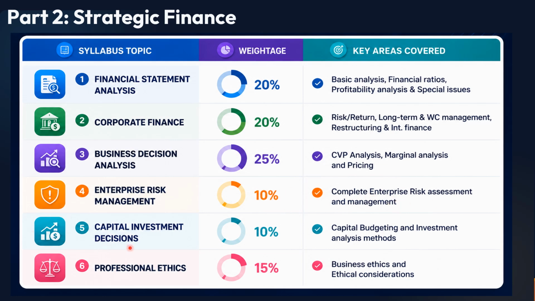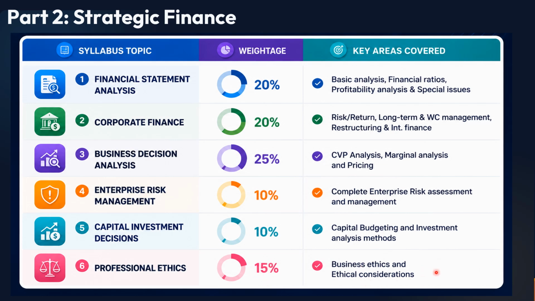Then comes capital investment decision, where we're going to cover capital budgeting and investment analysis methods, the net present value, and various methods which we use to analyze or accept or reject projects. Then comes professional ethics. Ethics is given a lot of importance in CMA. So 15% marks is dedicated to this topic, business ethics and ethical considerations.